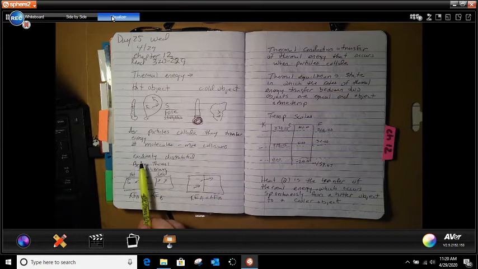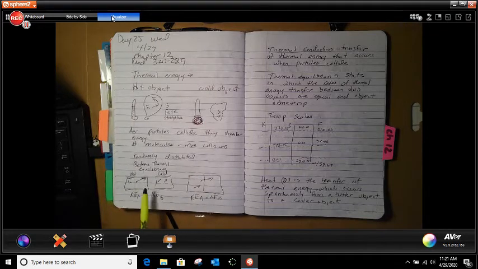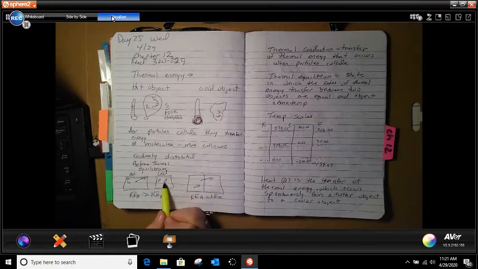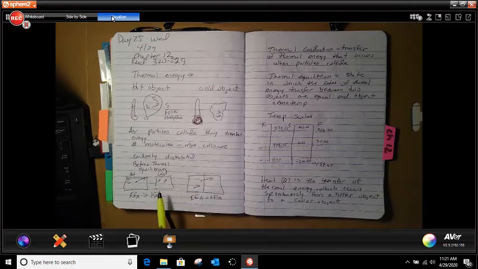Okay, there is a random distribution before thermal equilibrium. So here we have two things, one that's hot, one that's cold. As you can tell, the kinetic energy here is moving faster and is hotter because of the length of the arrows. This one here is a colder object, so as you can tell, they're smaller arrows, meaning that it's colder.